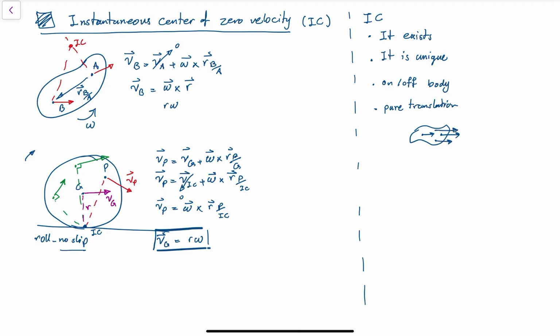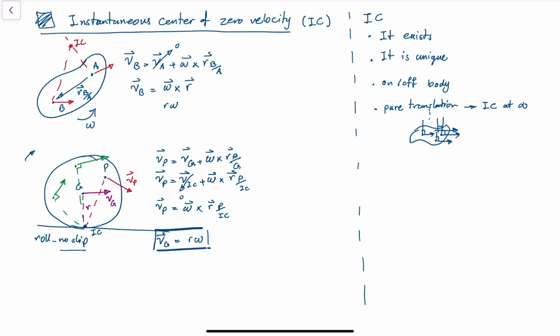And in that case, you can say IC is at infinity. It is far, far away, such that the distances are so big that essentially all these velocities are perpendicular to that line, and you reach infinity.